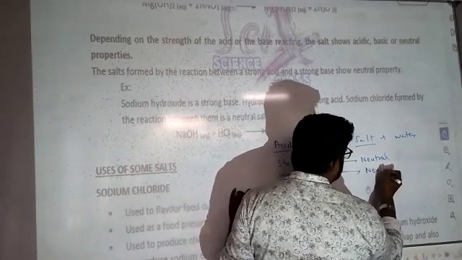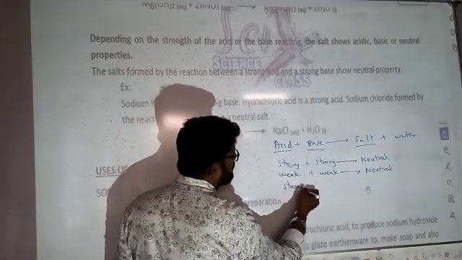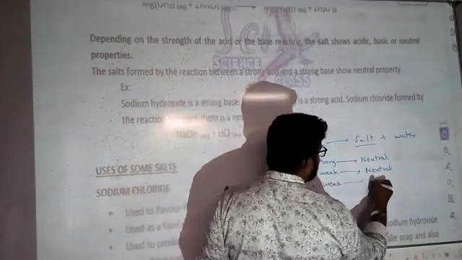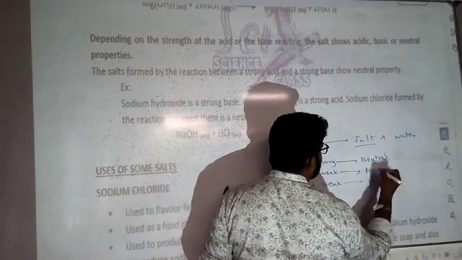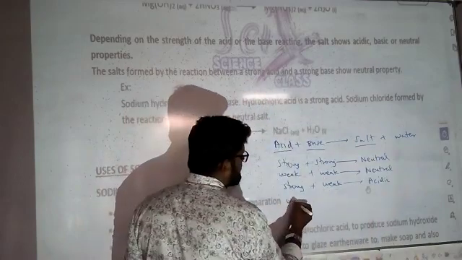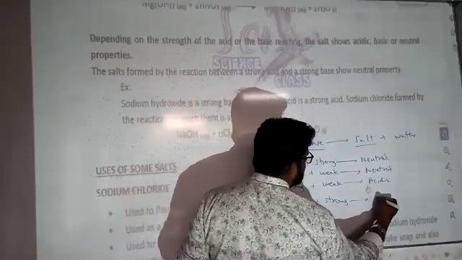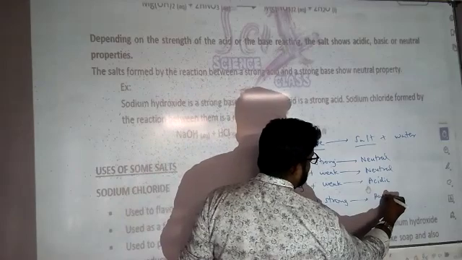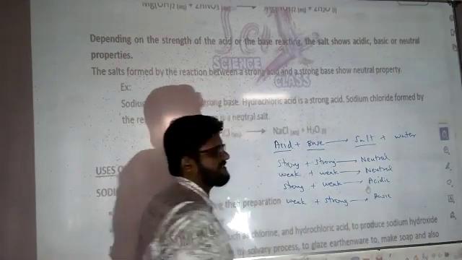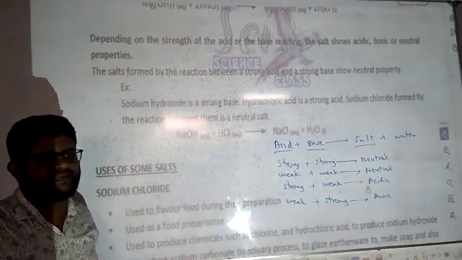Let's say it is a strong acid and a weak base, then it is an acidic salt because the acid is strong. And if it is a weak acid and a strong base, it is a basic salt. So this is how we divide salts as acidic, basic, and neutral.